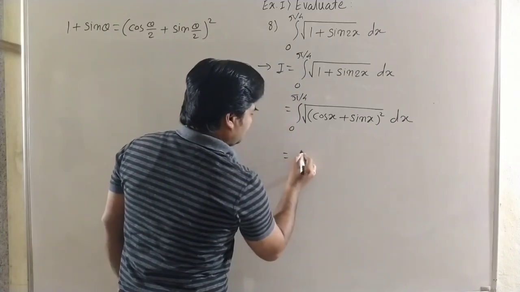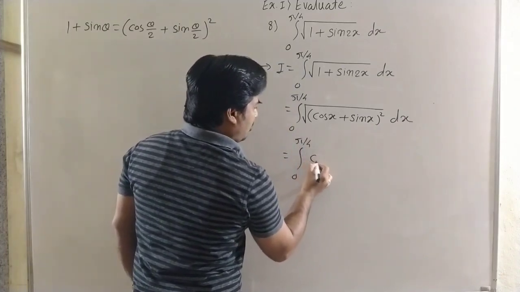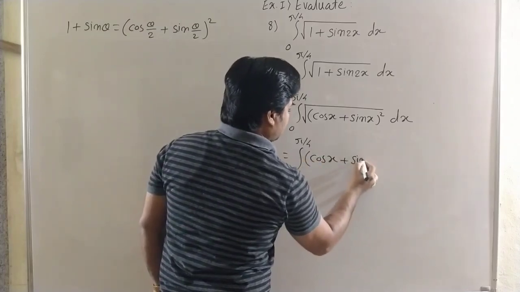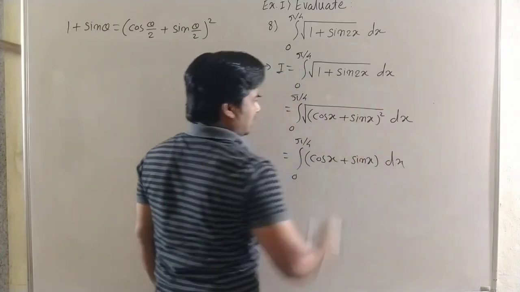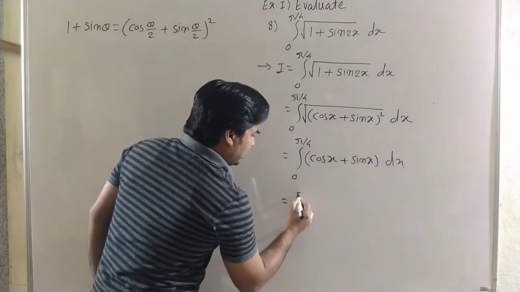Now the integral from 0 to pi by 4 of cos x plus sin x dx, okay, square and this under root. Now both are standard integrals, so we can directly integrate.